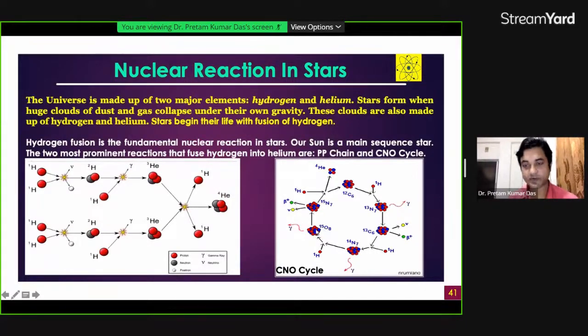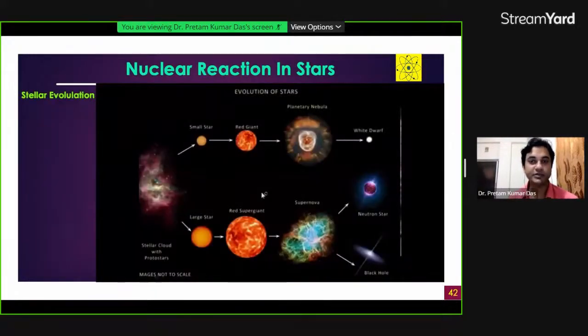It's unstable, and it goes to nitrogen-15 by positron decay, and again when it interacts with hydrogen, it becomes carbon-12. As it started from here, this is known as the CNO cycle.